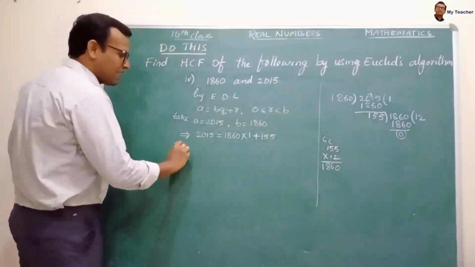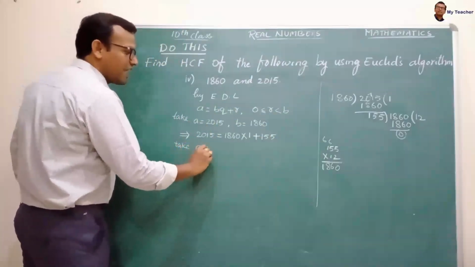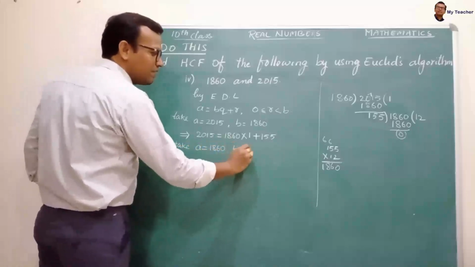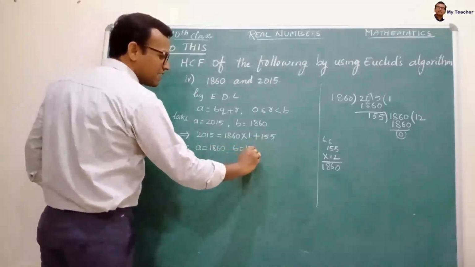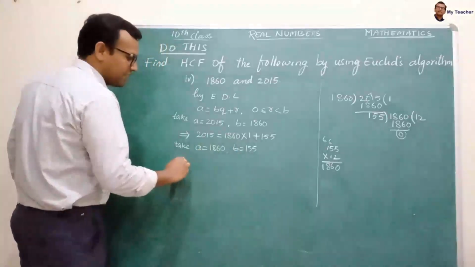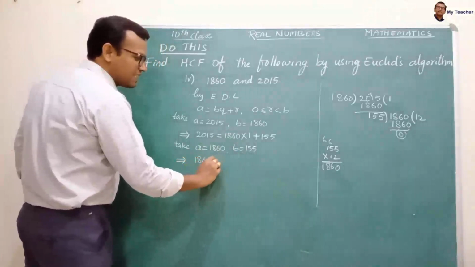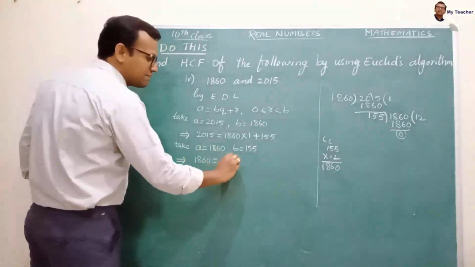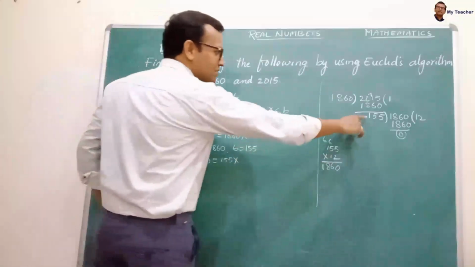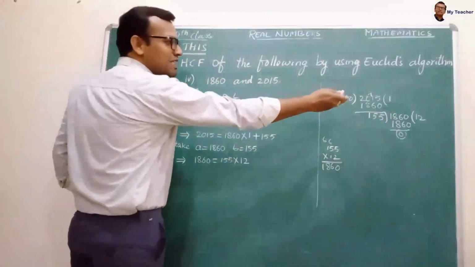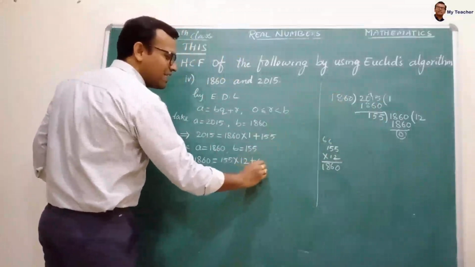Now take A value as 1860 and B value as 155. Now continue the lemma. 1860 is equal to 155 into how many times? 155 twelves are 1860 and the remainder is 0.